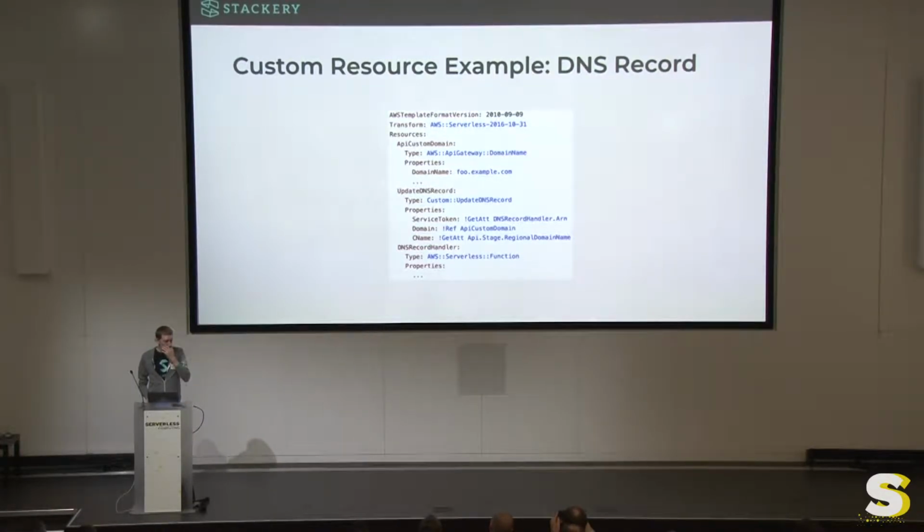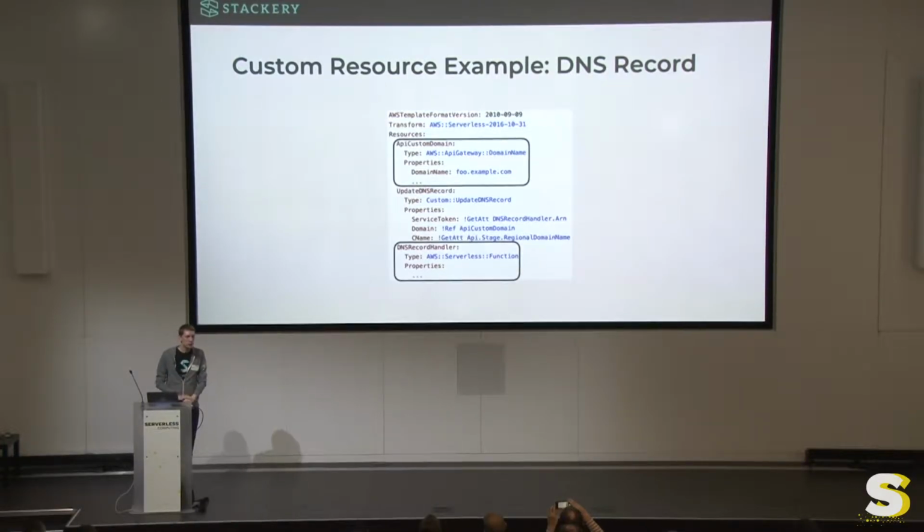So here we've got a template. We've got two resources that are going to work together in parallel. At the top, we've got our custom domain that we're creating in API Gateway. At the bottom is a function, a Lambda function, that we have created with code to be able to access the GoDaddy API to update DNS records.